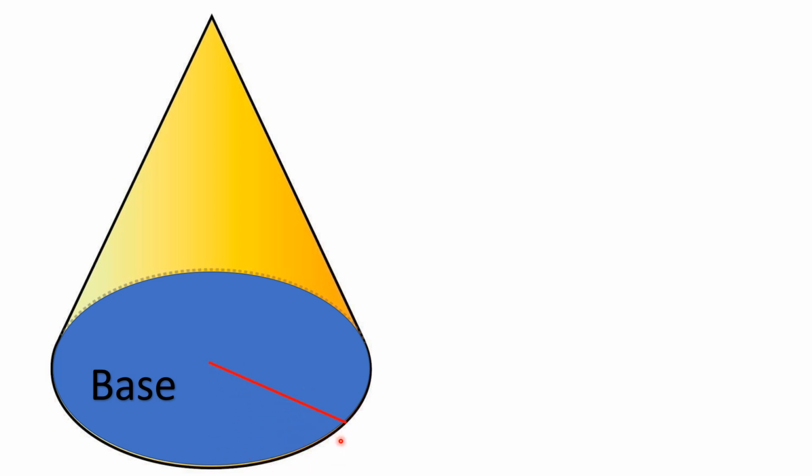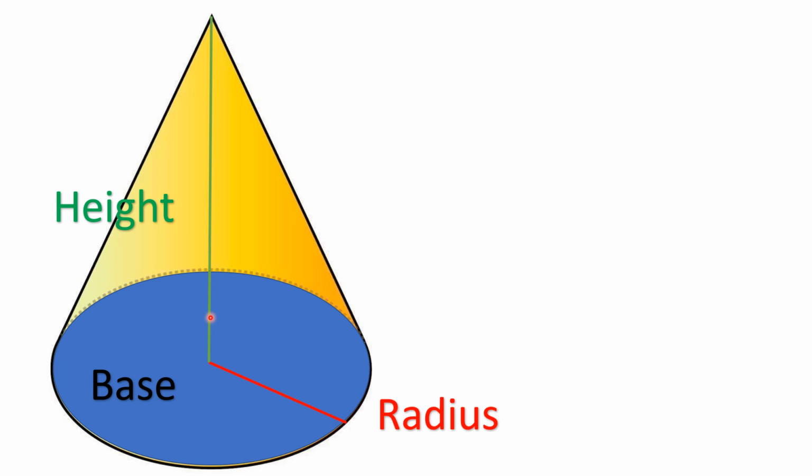We call this the radius. From the center of our base, which is a circle, going to the circumference, that is the radius. Another part of a cone is this one. This is the height of our cone.